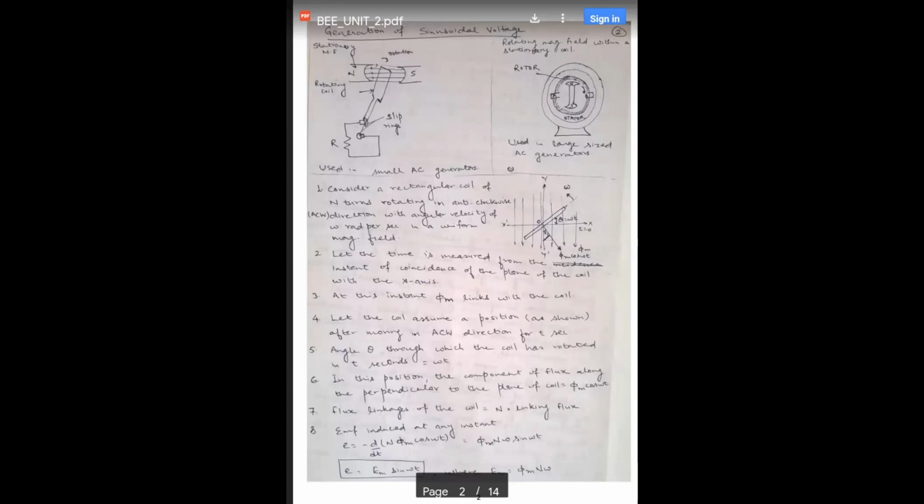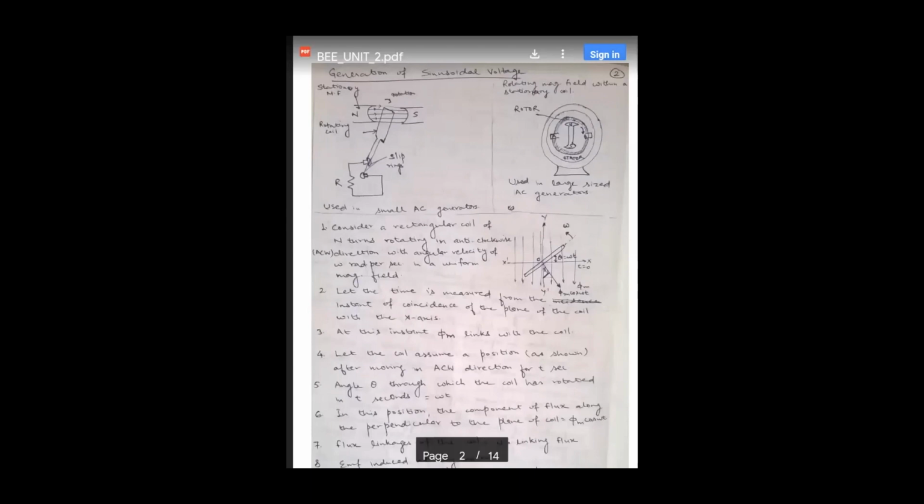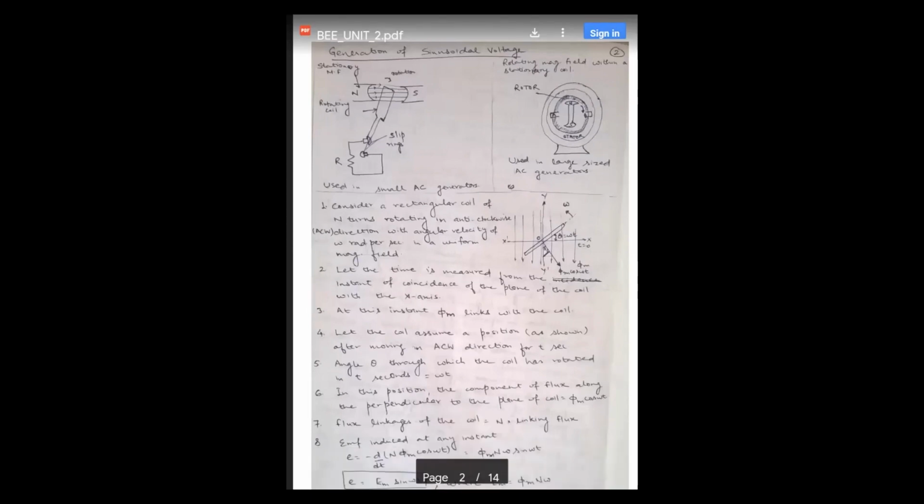When we use small AC generators, the generators being used have a fixed magnetic field, which means that the north pole and the south pole are fixed.